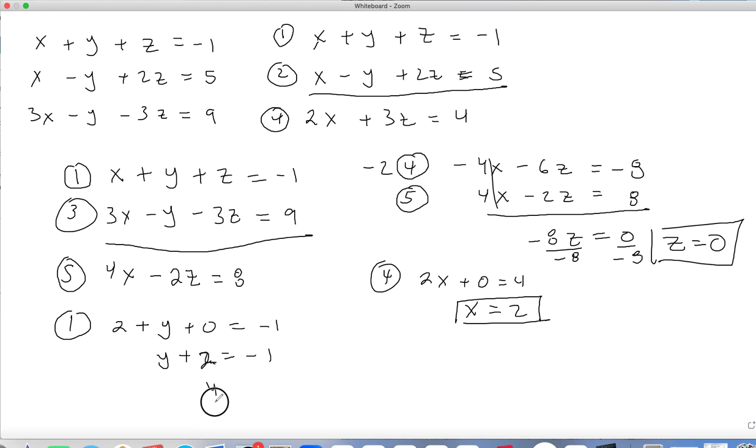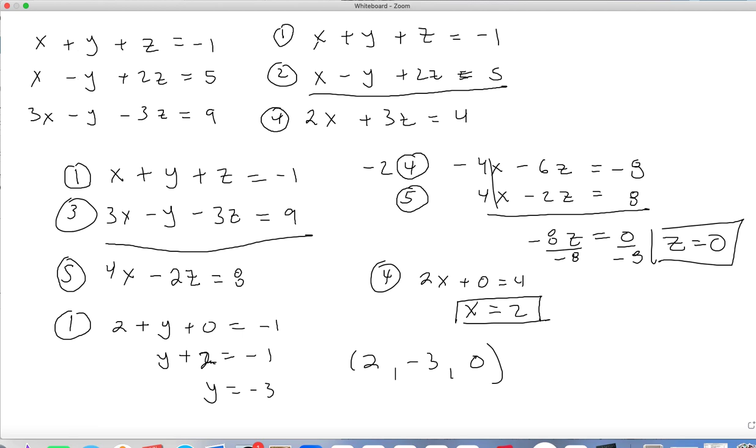So subtracting that over, I get y equals negative 3. So for this one, it looks like x was 2, y was negative 3, and z is 0. And if you feel like checking it, you can. You can just take this ordered triplet right here and plug it into either equation 2 or 3, actually even both of them, and this one should come up to 5, this one should come up to 9. So that is the basic plan for solving all of these.